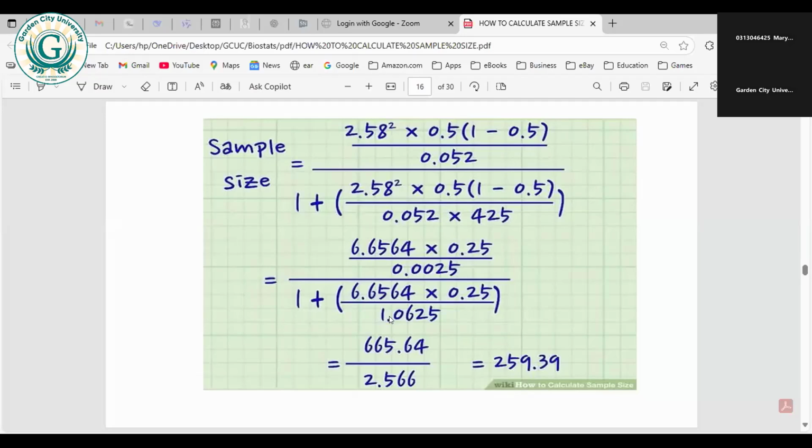The moment you get this, you multiply, and that one gets 665.64. Whatever you get, you can now divide. Then whatever you get, you add it to 1 before you do the final division. Then we arrive at the final answer.